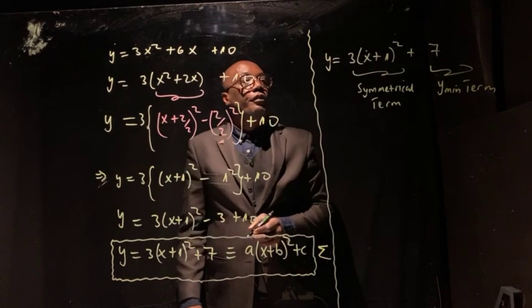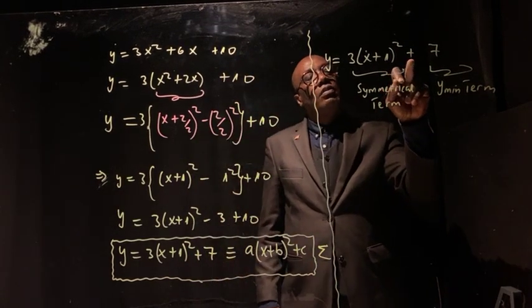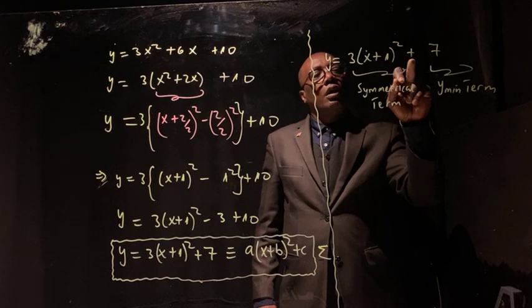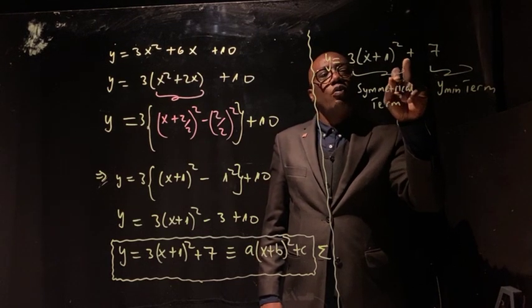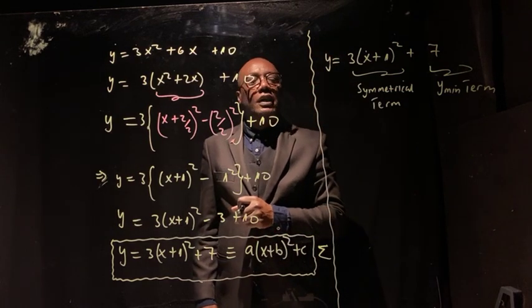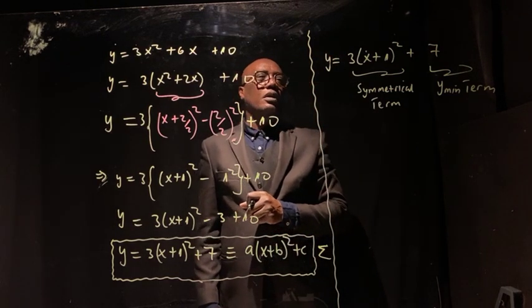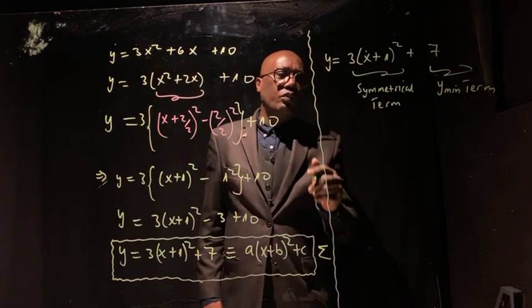Very good. You see that the y minimum is plus. Because the y minimum is plus, it tells you that the graph doesn't cross the x-axis. What's the meaning of that? Now, take it this way.